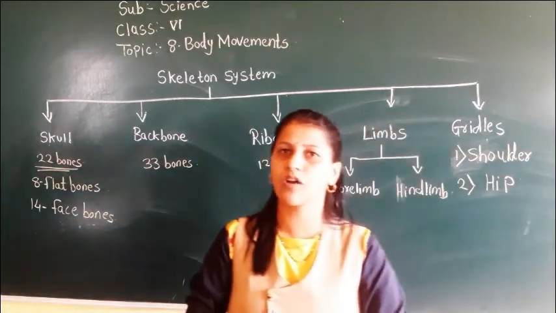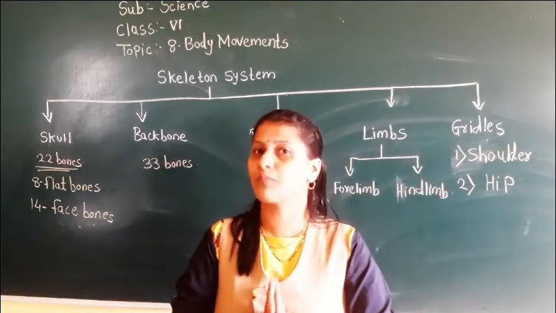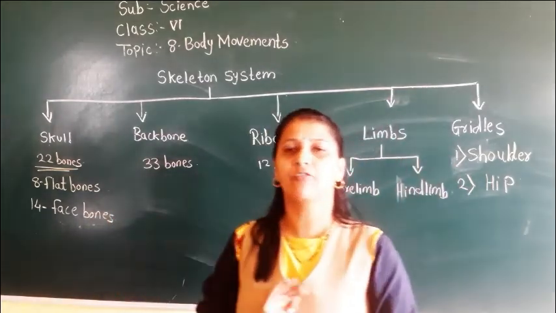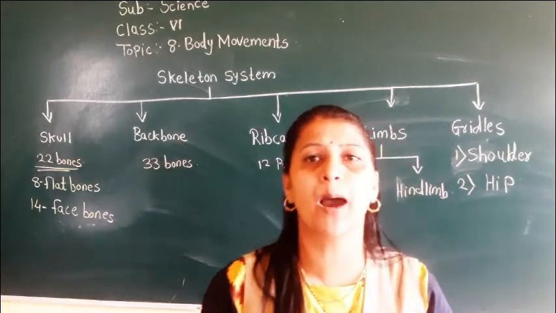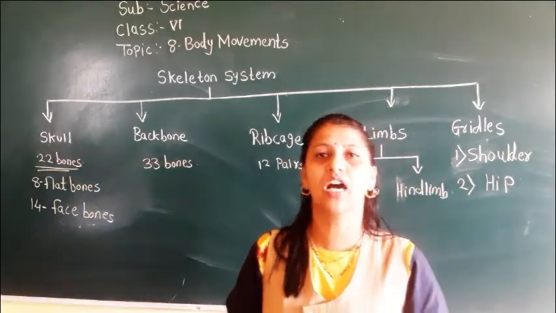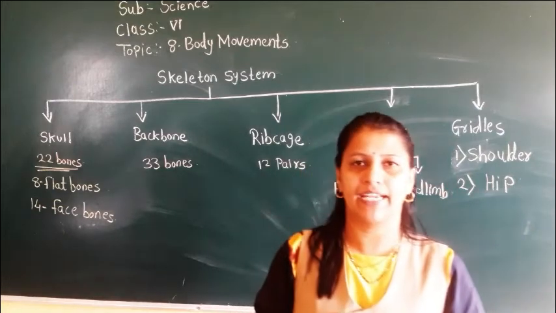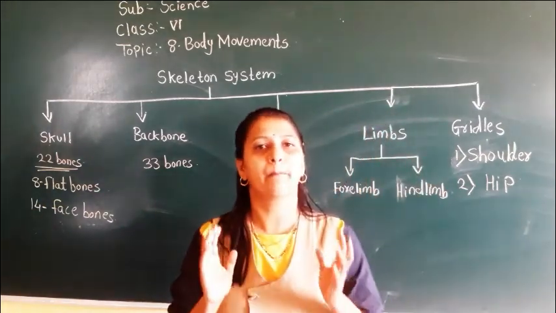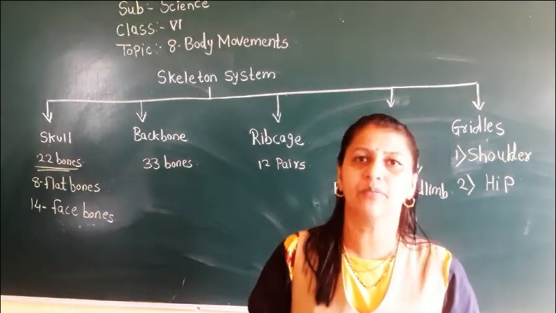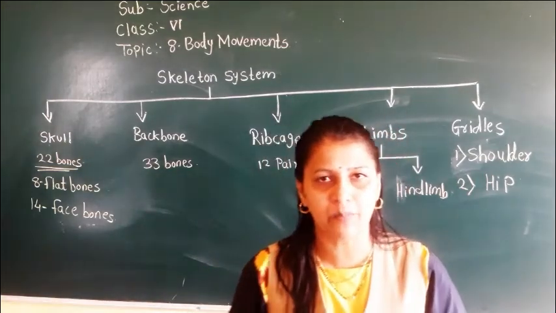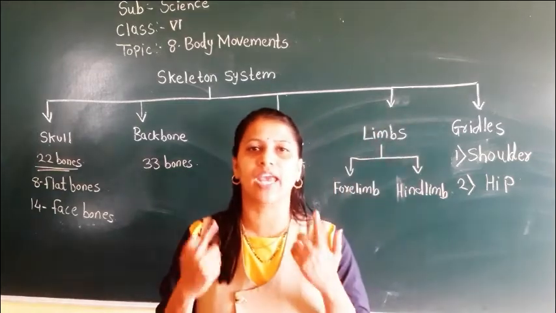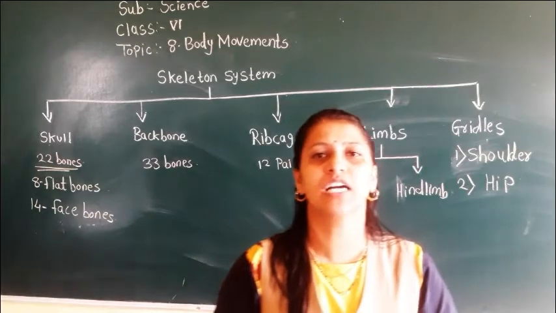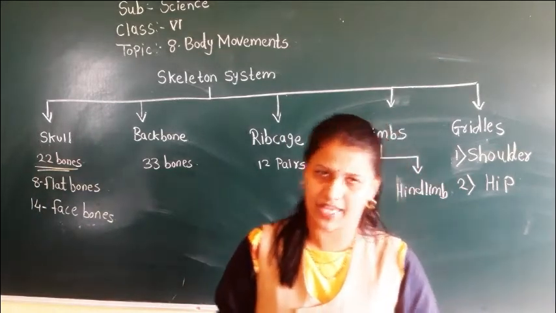Of these 22 bones, 8 are flat bones which cover and protect the brain, and 14 bones give the shape to our face.